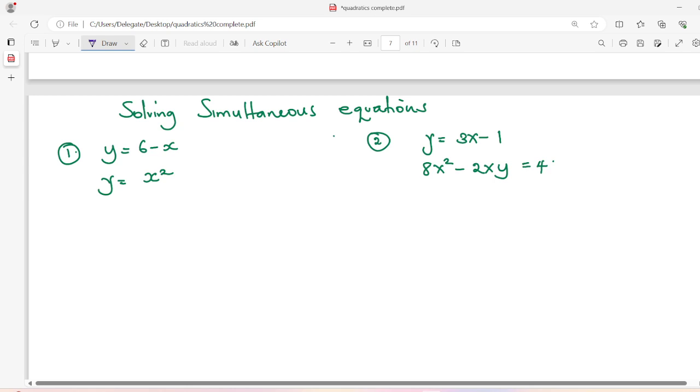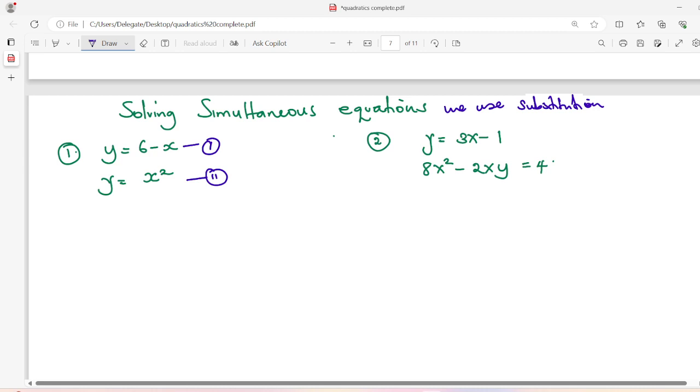But here, if you have an equation where one is linear and another one is quadratic, the best way is we use substitution method.